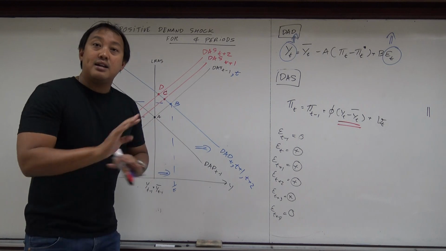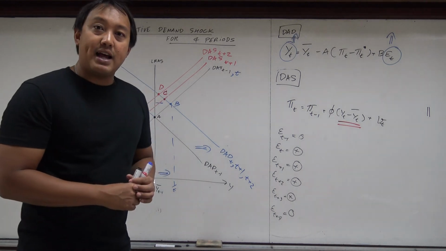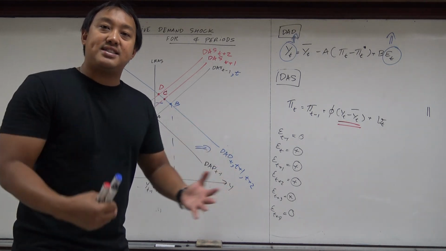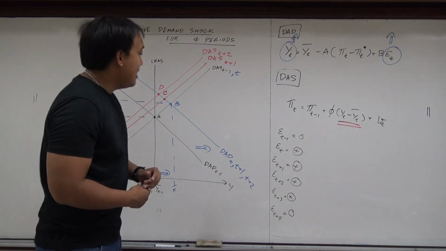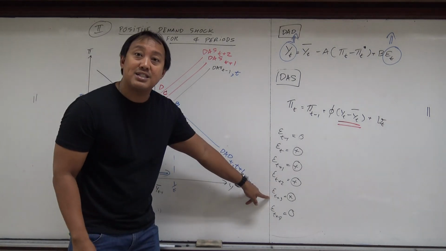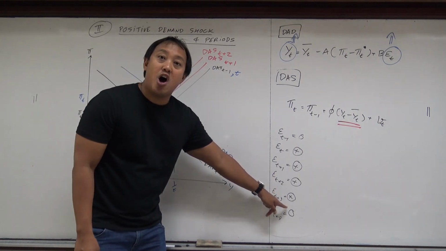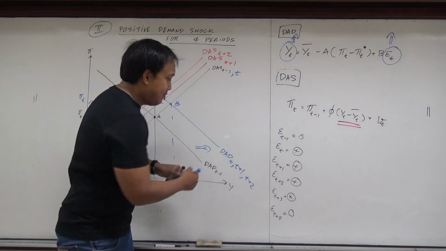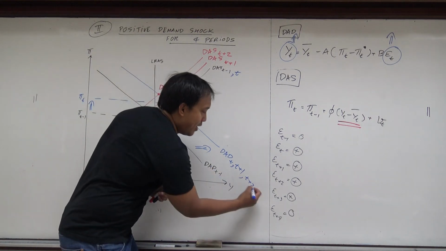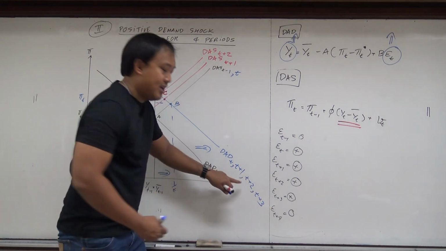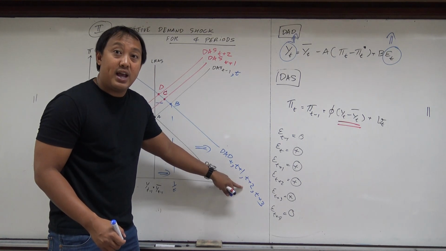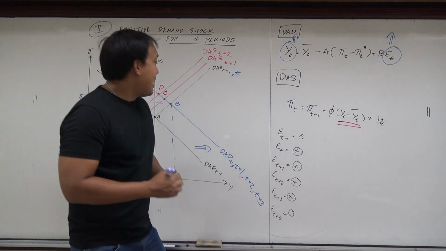Okay, then time T plus 2 is over. How about the next day? Okay, the next day, time T plus 3. At time T plus 3, we still have a positive demand shock. So it means that the demand curve is still on the right side, still here. So I put a comma, time T plus 3, still here. How about the supply curve?